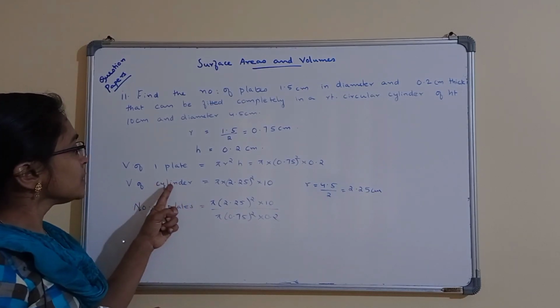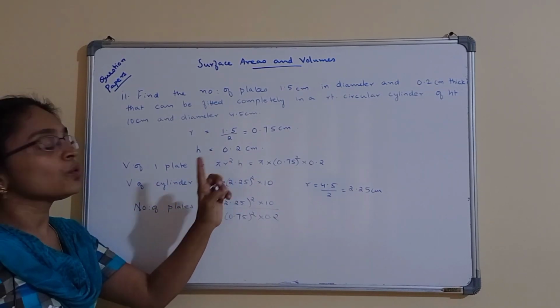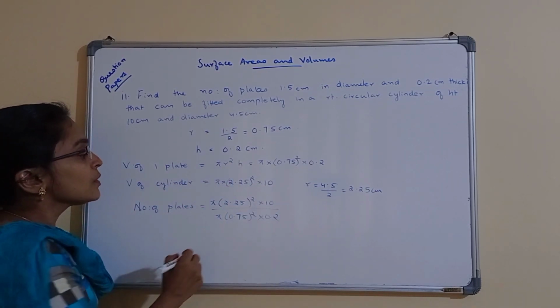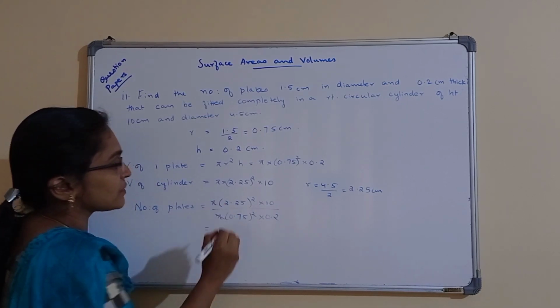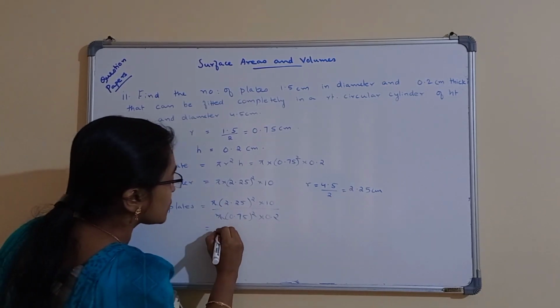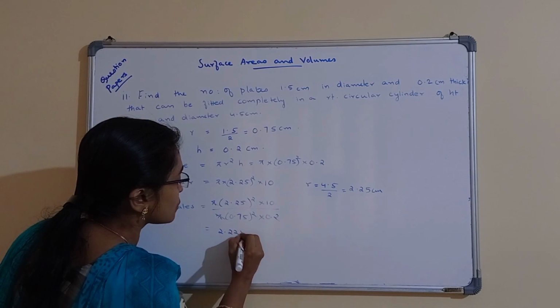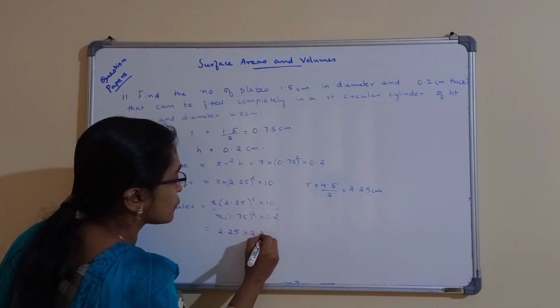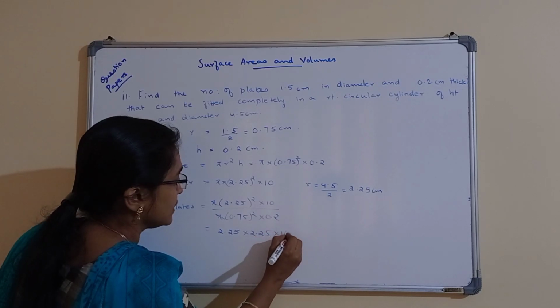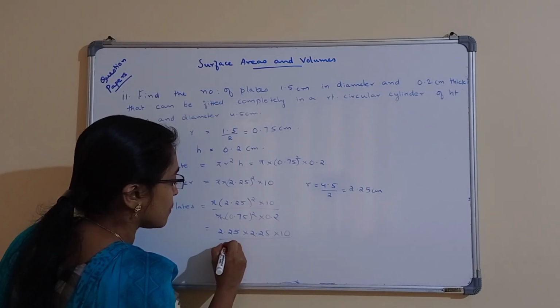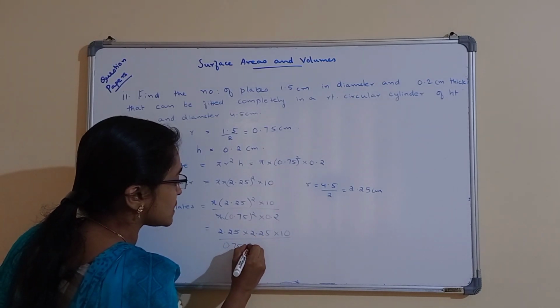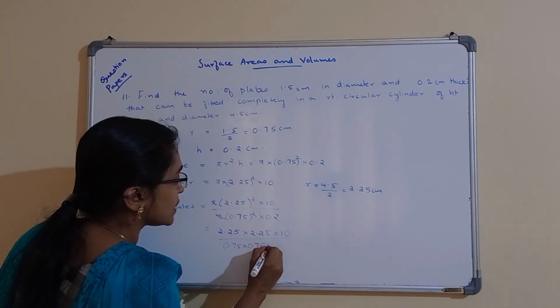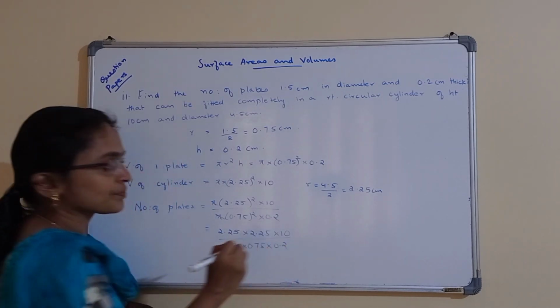That is volume of cylinder by volume of one plate, which is equal to, pi and pi will get cancelled. So 2.25 into 2.25 into 10 by 0.75 into 0.75 into 0.2.